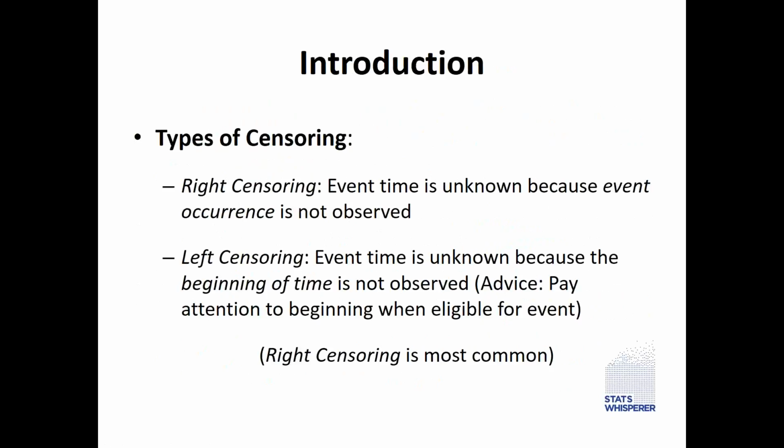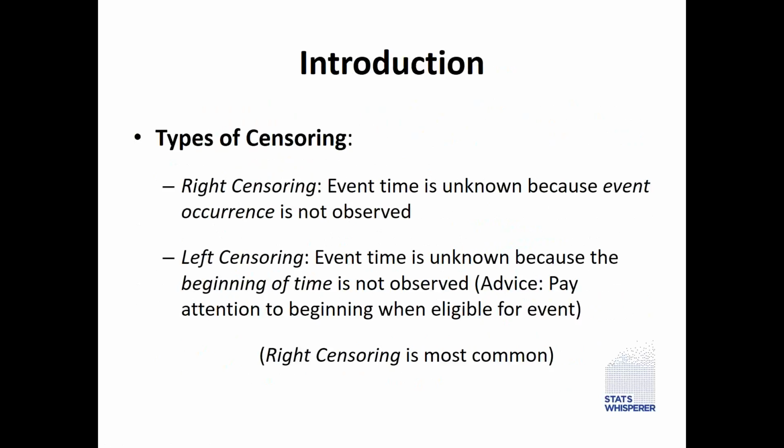Now, the other types of censoring are right and left. Okay, so the right censoring, that's preferred. That's where the event time is unknown because the event occurrence is not observed. Right, so right censored, they're censored because they didn't have the event over the observed study period. Left censoring, the second one, is where the event time is unknown because the beginning of the test time was not observed effectively.